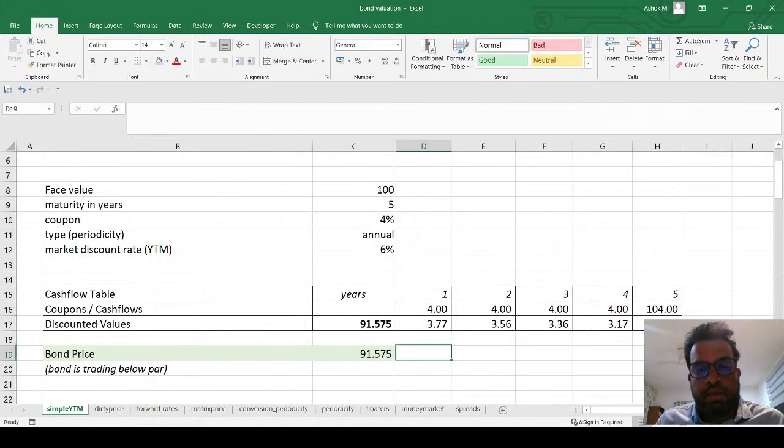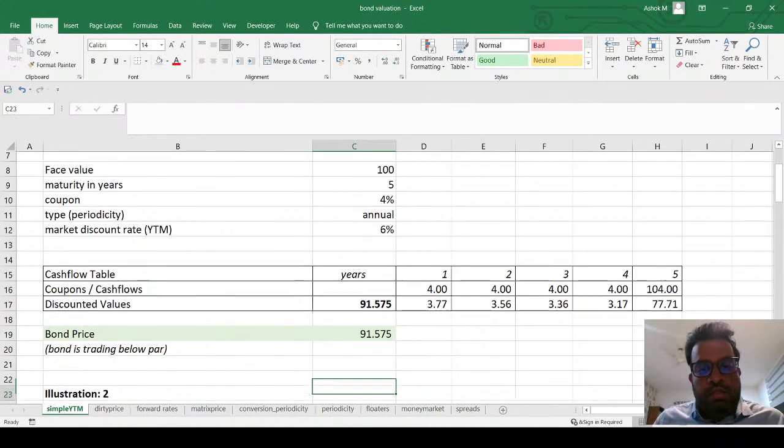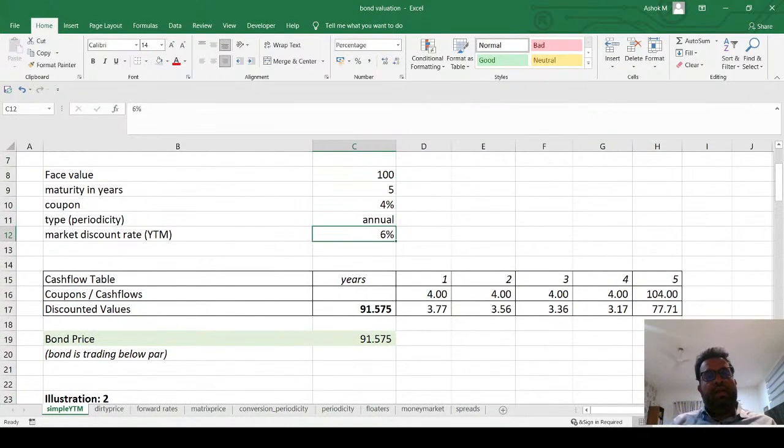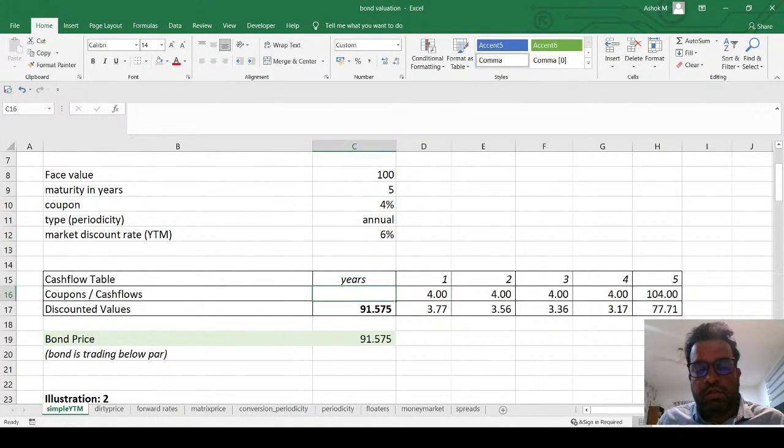So whenever you do these problems, when you read, keep all these checks in mind. It's a common sense test. You can use it to eliminate choices also sometimes. If they are given 6% and they have given some bond values, and only one of them is below 100, you don't have to sit and calculate. You can directly go for that.